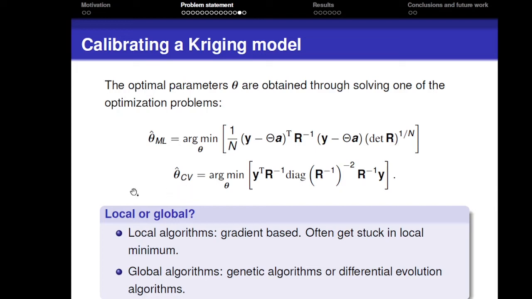The main strategies to solve these optimization problems are local algorithms based on gradient, which often get stuck in local minima, or global algorithms like genetic algorithms. A genetic algorithm is used in this work to get our final metamodel.